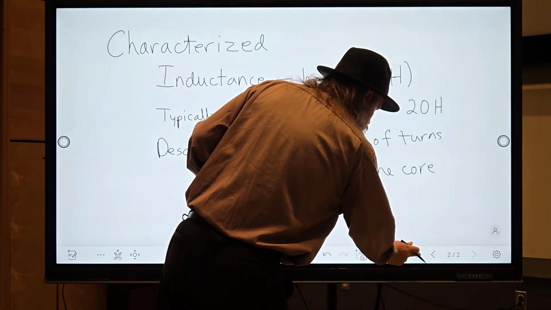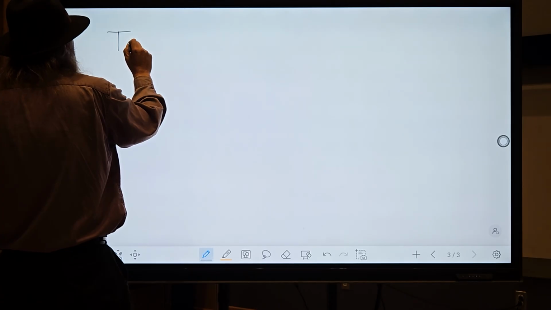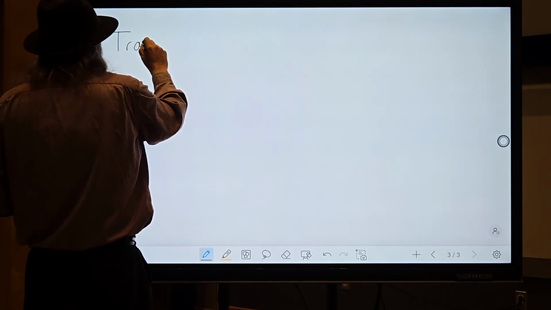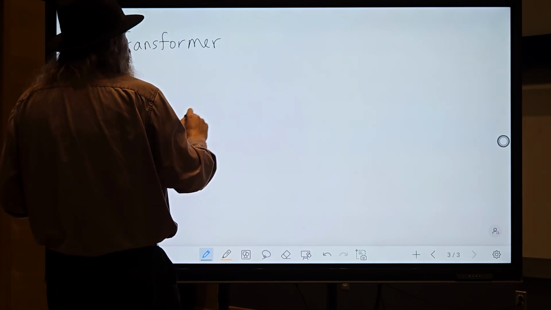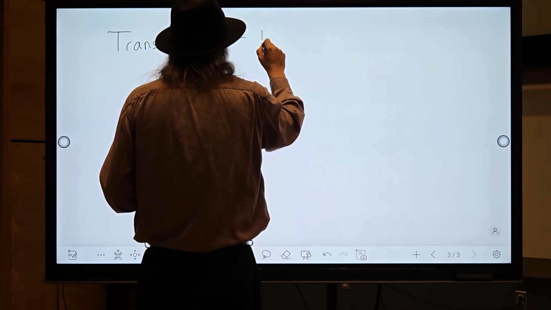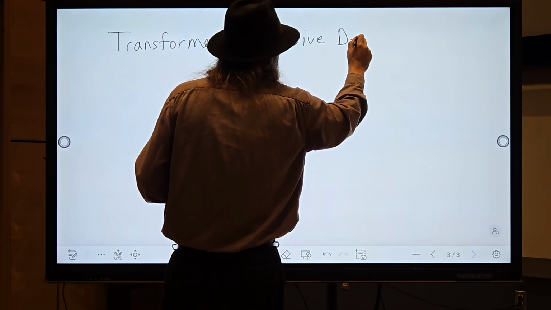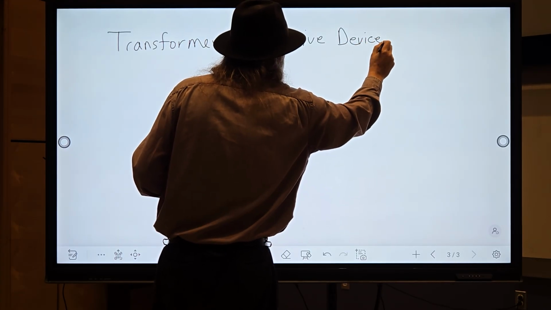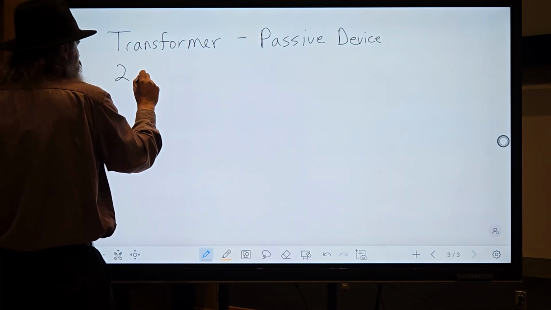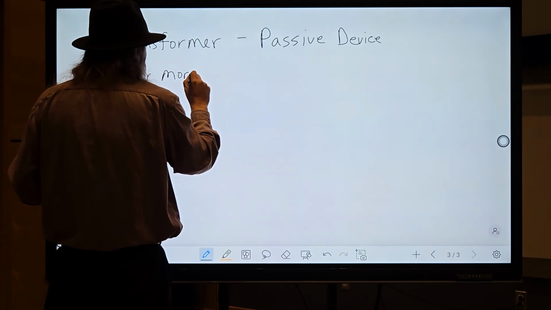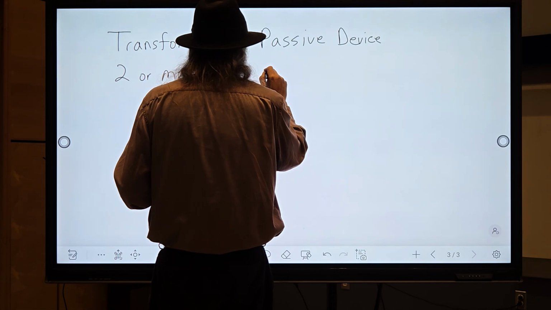Which leads us to, what if you put two inductors in close proximity to each other? You get a transformer, also a passive device like the inductor. It is two or more coils in close proximity.